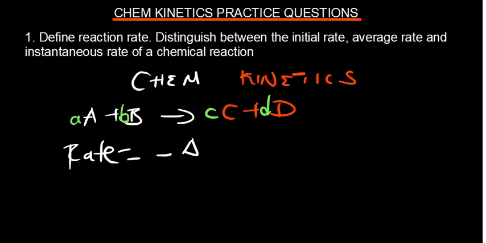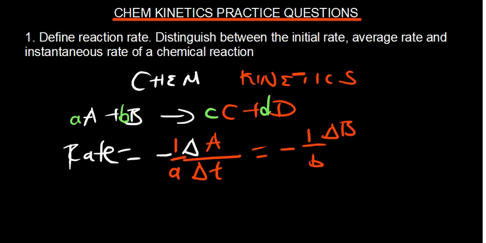For example, in this case, I can talk about the change in A over the change in time, multiplied by 1 over the stoichiometric coefficient of A. That is also equivalent to negative 1 over the coefficient of B multiplied by the change in concentration of B over the change in time.